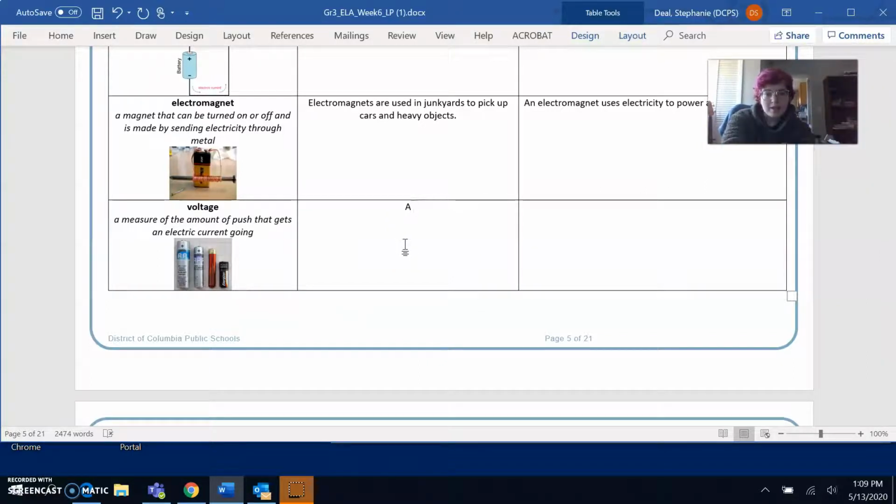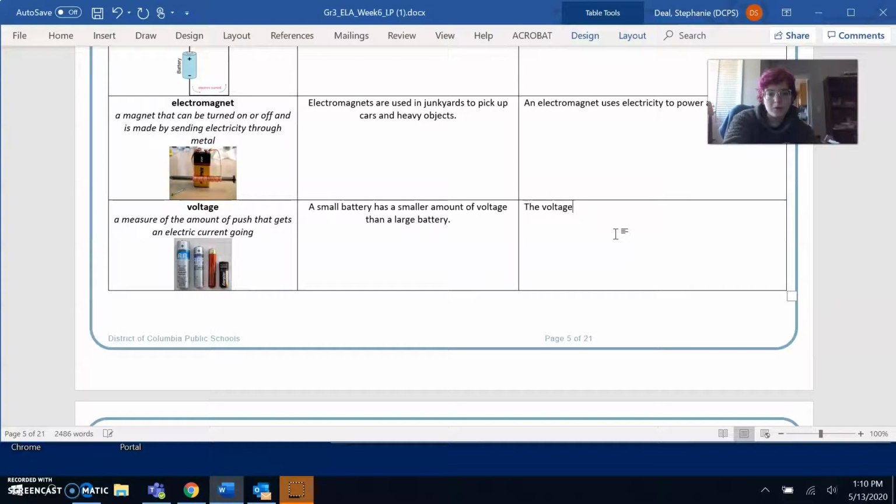A small battery has a smaller amount of voltage than a large battery. So the battery that goes in a toy is smaller and has less voltage than a battery that goes in, like, my car. That has a lot of voltage because it has to power a bigger object.